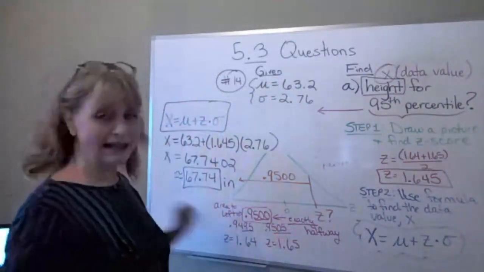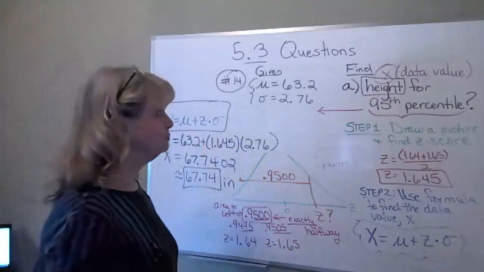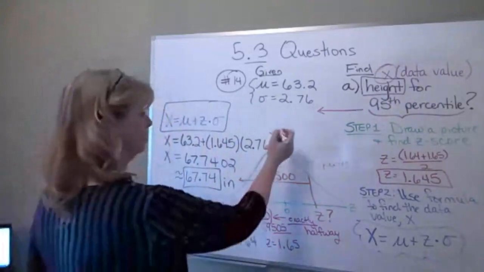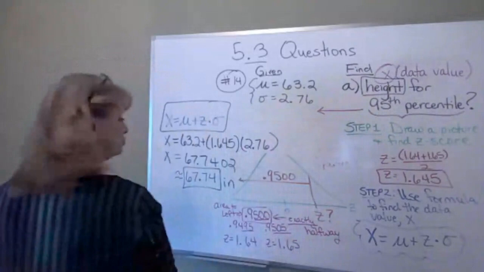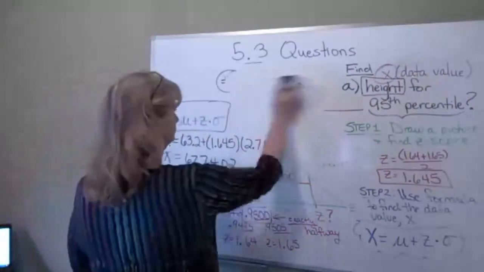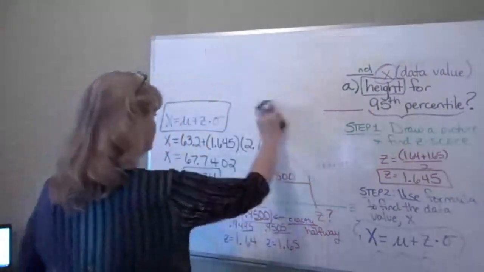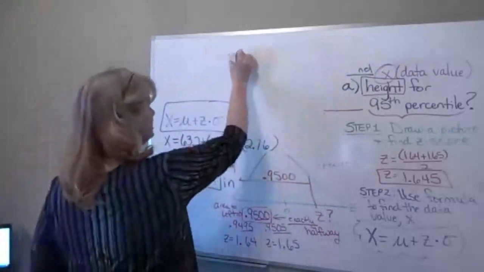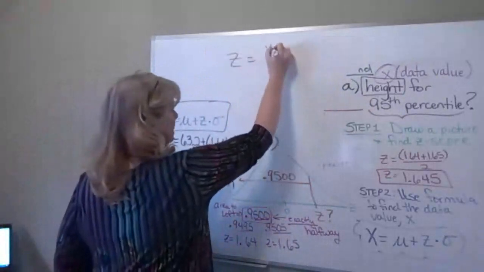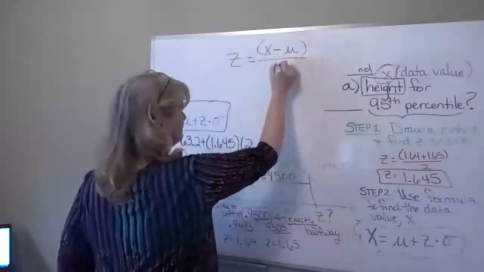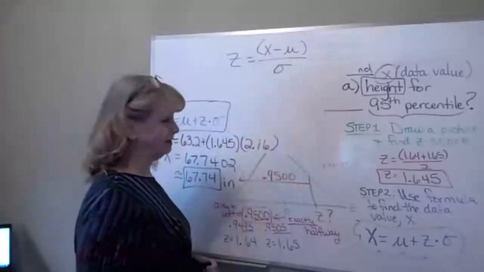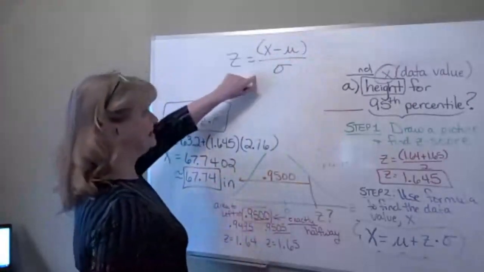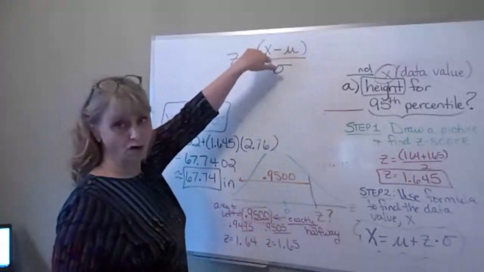Now, this formula is the same formula that we were using for z. So our old z formula, just to remind you, and then we're going to take a break here. Our old z formula, remember, was the data value minus mu divided by sigma. That was the old z formula. What this is, it's taken that formula and solved it for x.